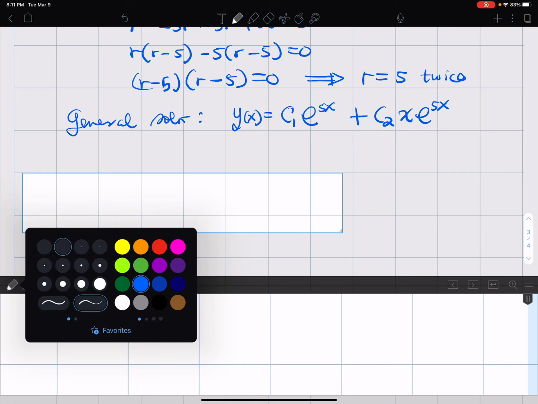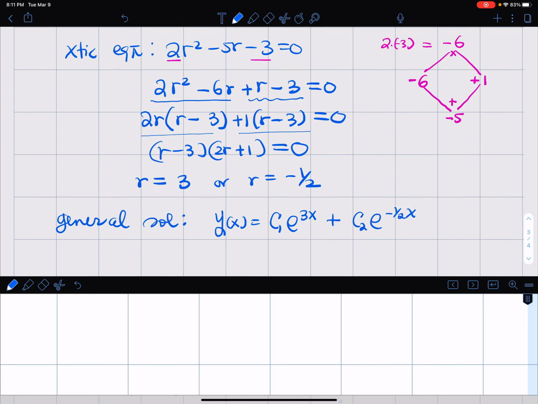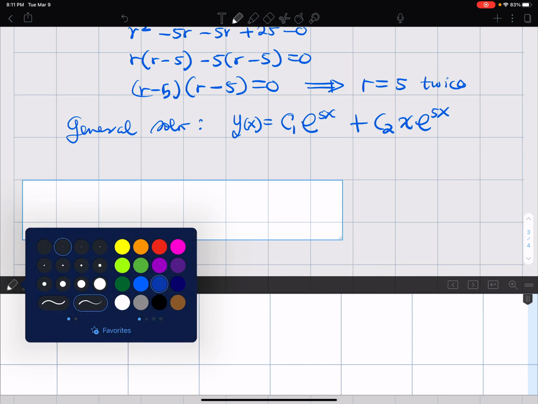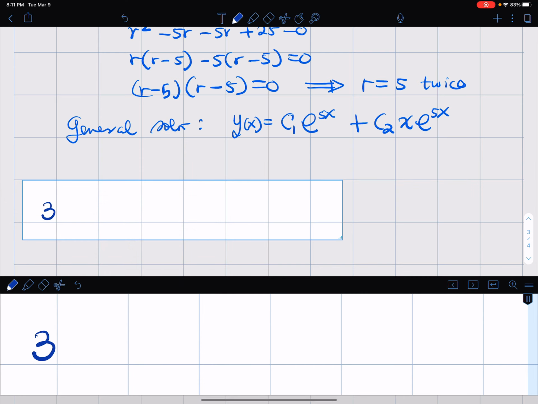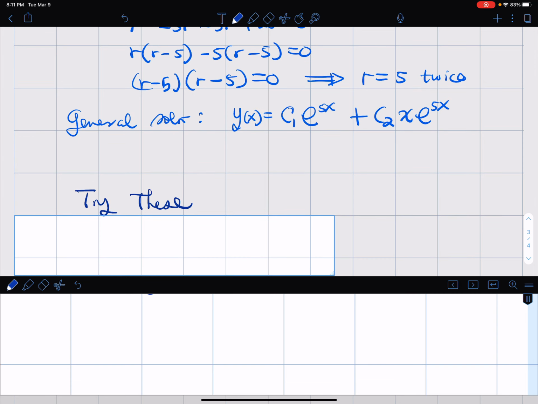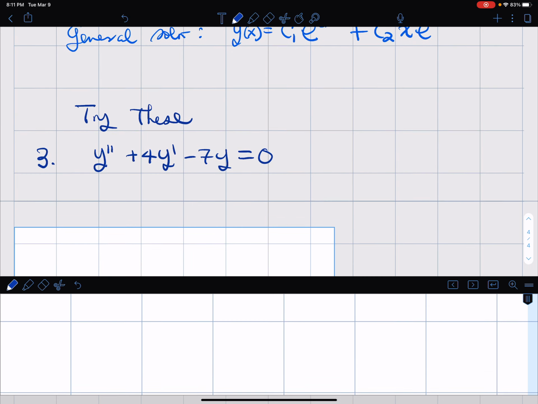Okay, so I want to give you some to do. We're going to end there. I'll list a few that you can do. Number 3, let's try this. How about y double prime plus 4y prime minus 7y equals 0?